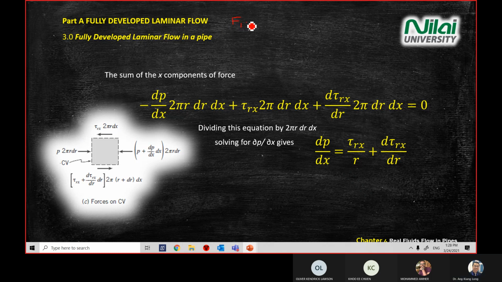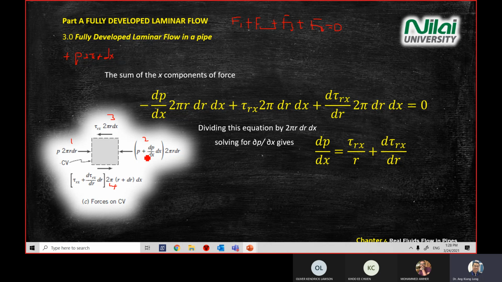F1 plus F2 plus F3 plus F4 equal 0. So let's say this is force 1, this is force 2, this is force 3, this is force 4. All right, I write the first one here. P 2 pi R dr is your first force, which is positive.